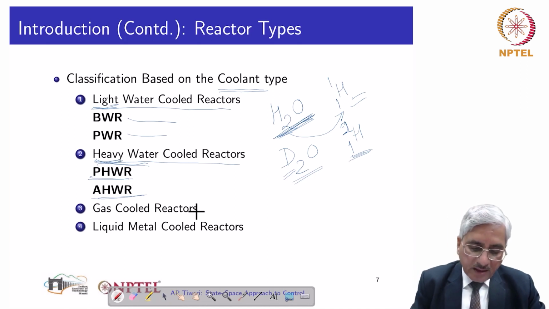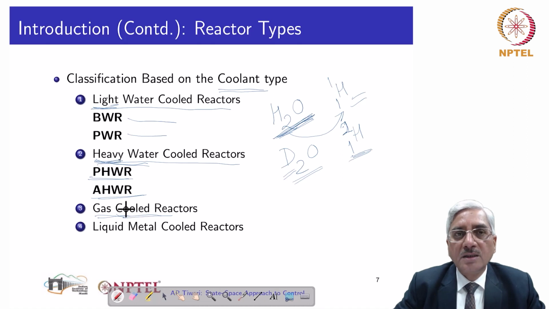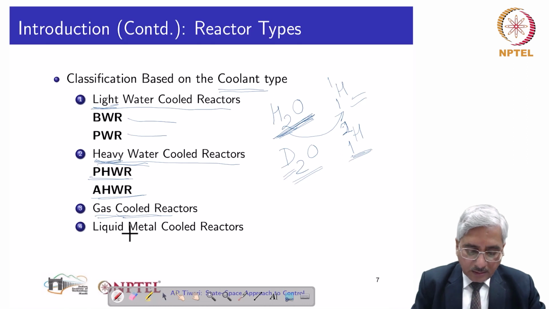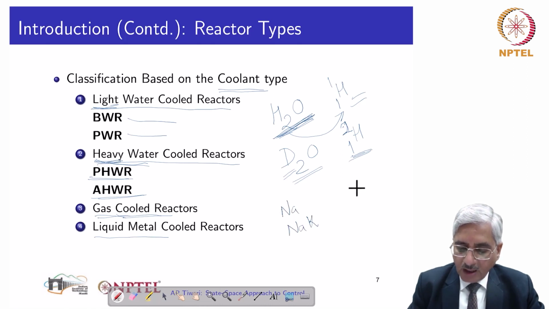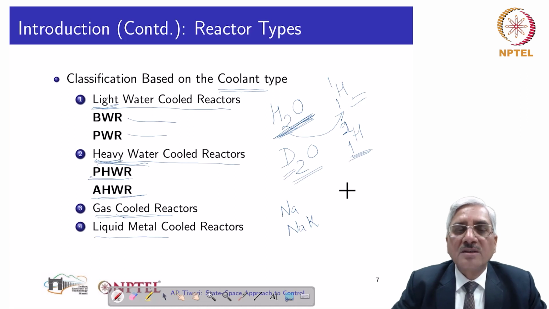Then many reactors are operated in which the cooling medium is gas, helium for example. And there are reactors cooled by liquid metal, for example sodium or sodium potassium, or some eutectic lead bismuth, etc.